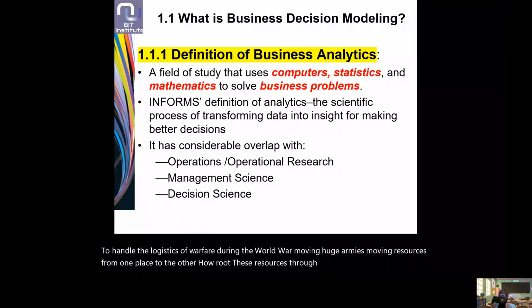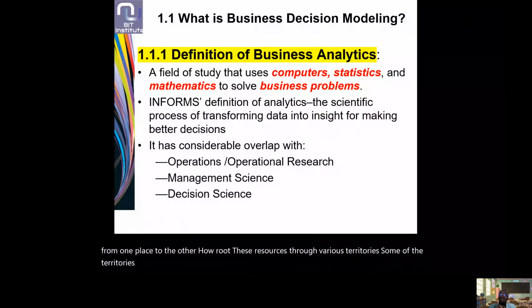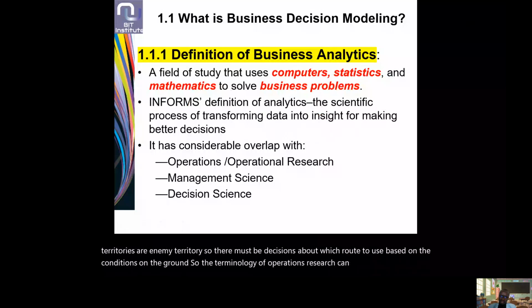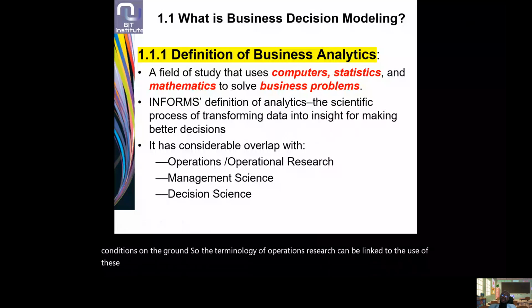Some of the territories are enemy territories, so there must be decisions about which route to use based on the conditions on the ground. So the terminology of operations research can be linked to the use of these techniques, particularly during the Second World War.